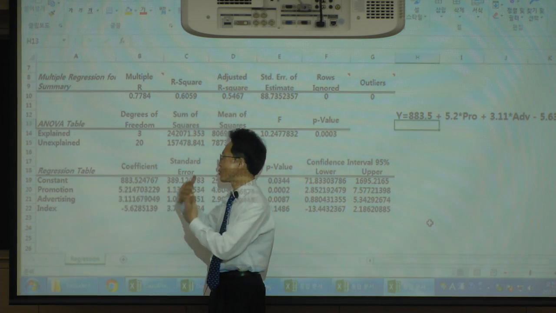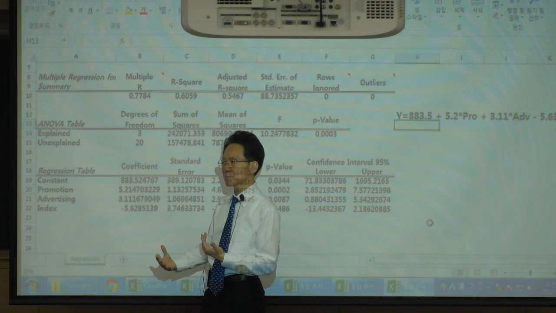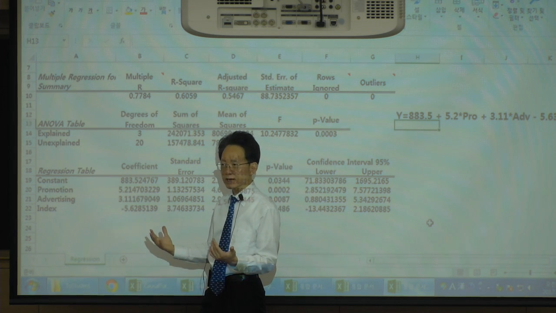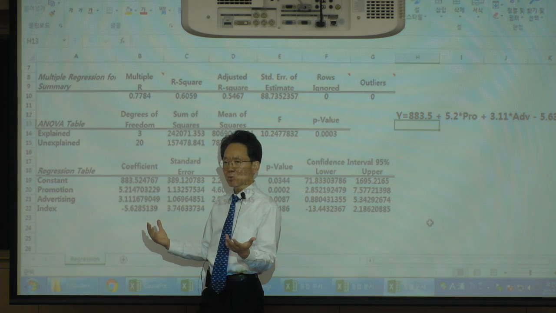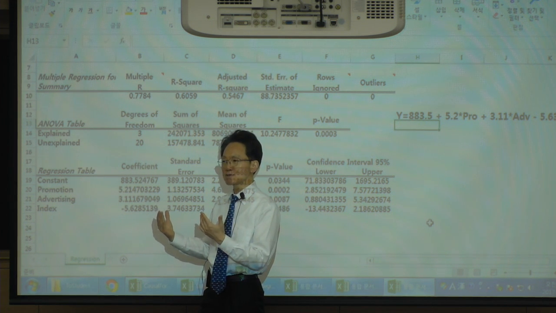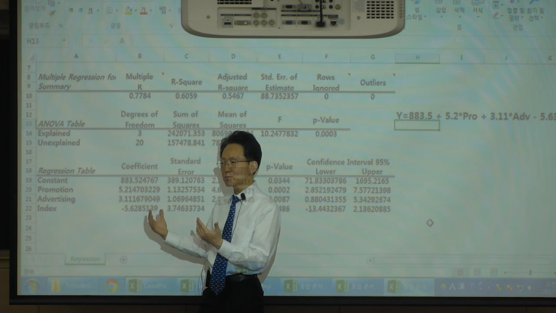What do you think the long-term impact of a promotion and long-term impact of advertising? In other words, promotion is about buy one, get one free or something like that, whereas advertising is commercials in the TV and the radio. So do you think there might be some difference in terms of a long-term impact of each one of these tools? What do you think?